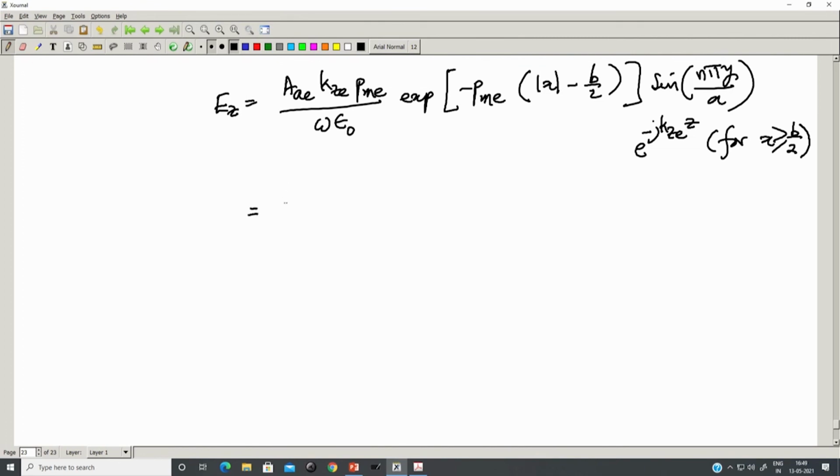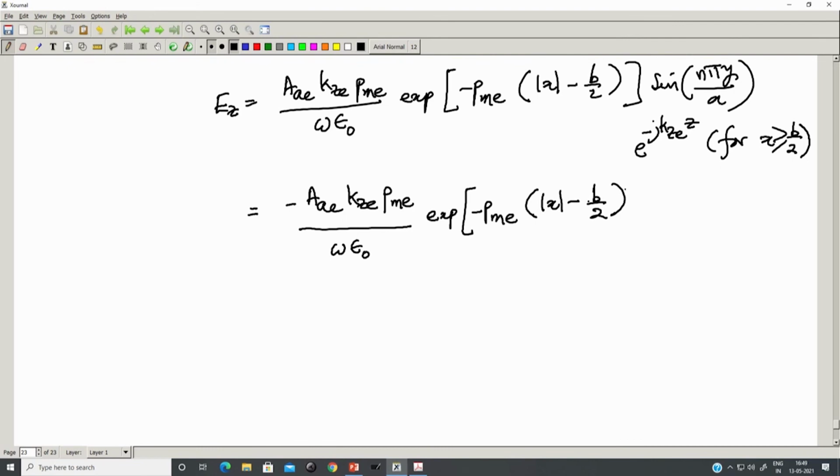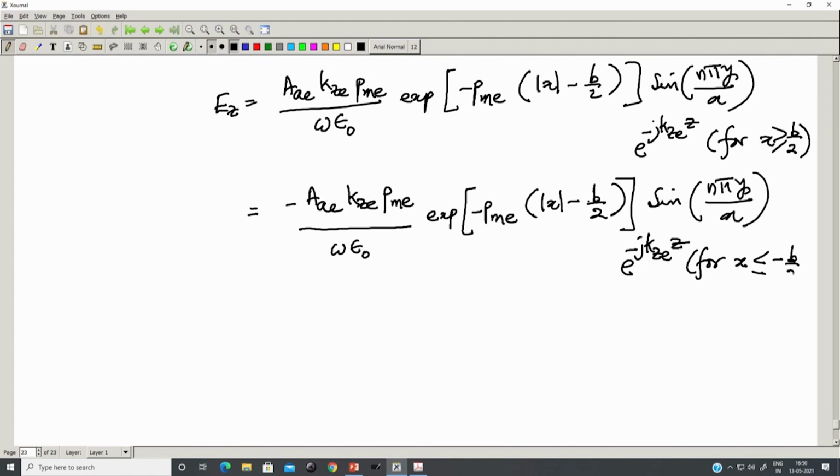And that is equal to minus A A E k z e p m e by omega epsilon naught exponential minus p m e mod x minus b by 2 sin n pi y by a e to the power minus j k z e z for x less than or equal to minus b by 2.